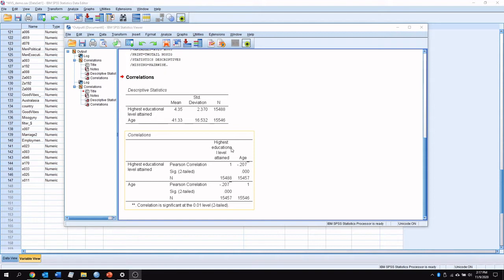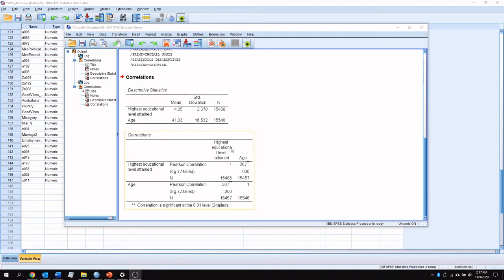A 0 would represent two variables that have no bearing on each other whatsoever. So that would be something like highest education level attained and the day of the month that you were born in. We wouldn't expect to see any correlation. One variable has no bearing on the other variable whatsoever.